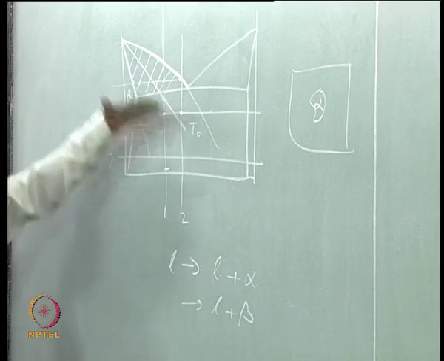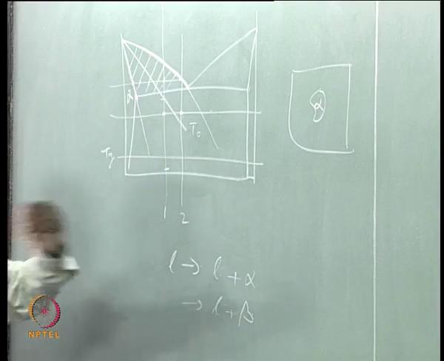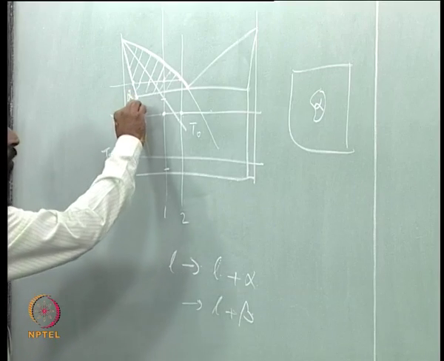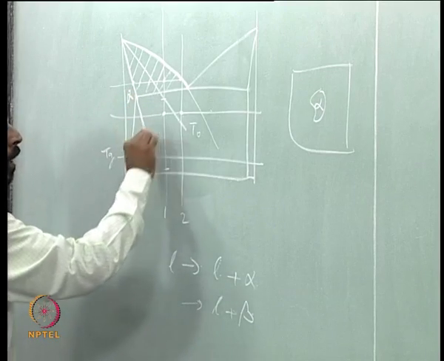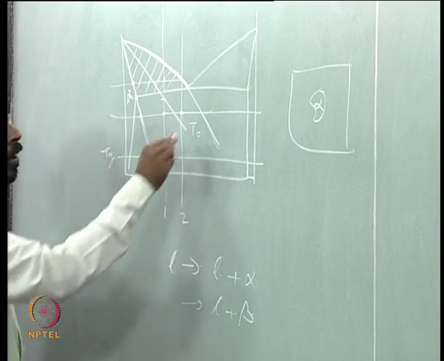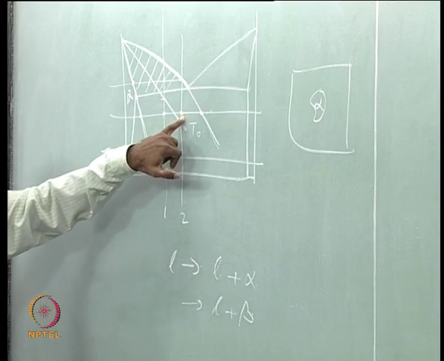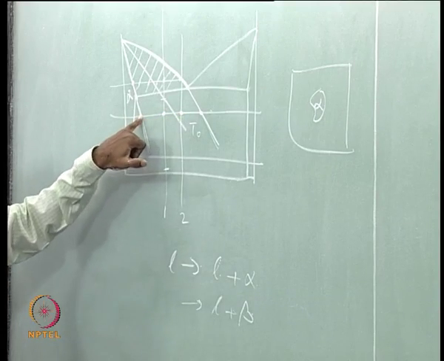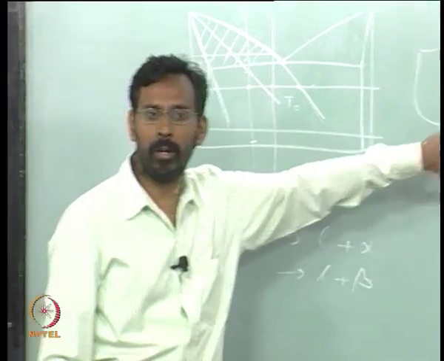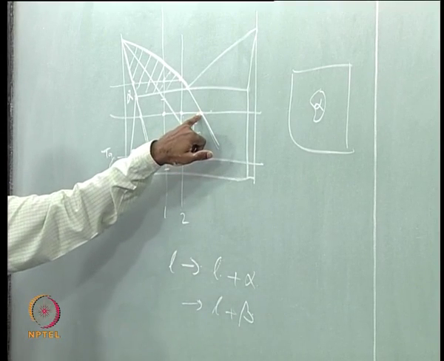And so, at some other temperature, at a lower temperature, basically I extrapolate that, and these extrapolations will tell me what will be the composition of alpha, what will be the composition of liquid. So, the alpha that comes out at this temperature will have that composition, and the moment alpha of that composition comes out, the liquid which is remaining will tend to have this composition.